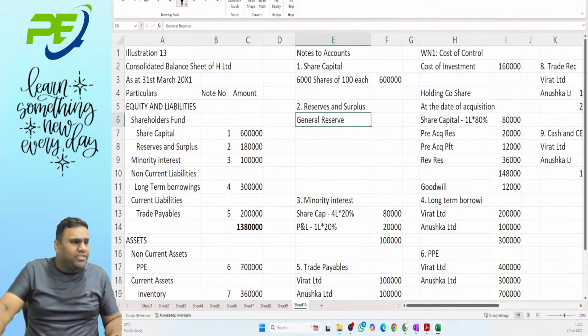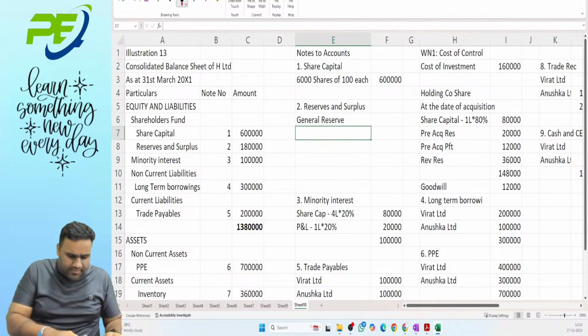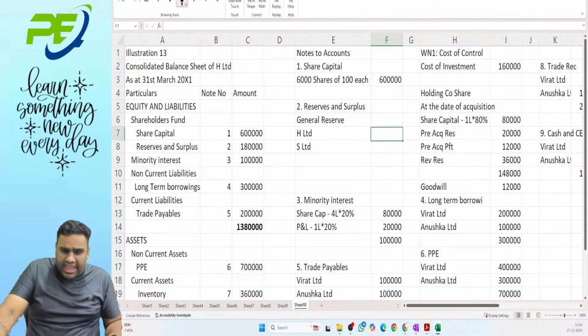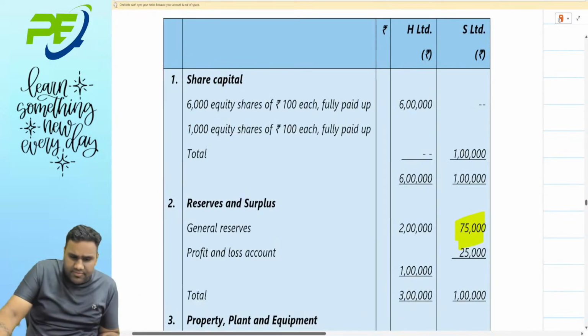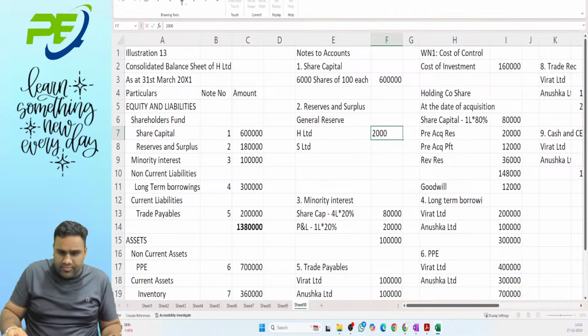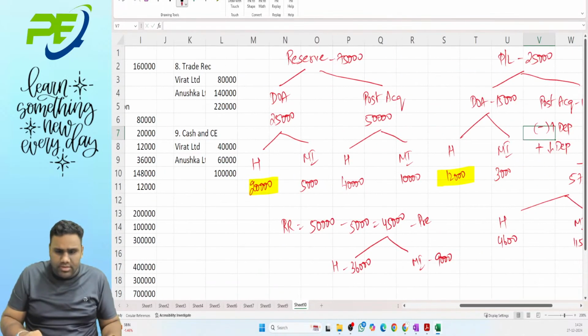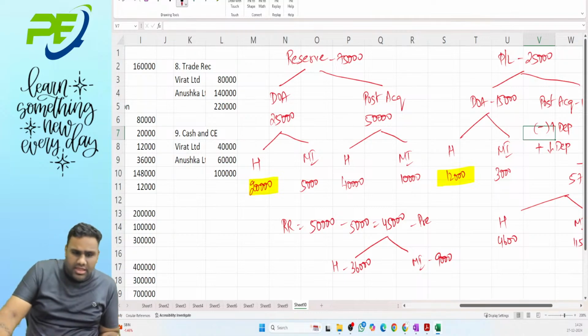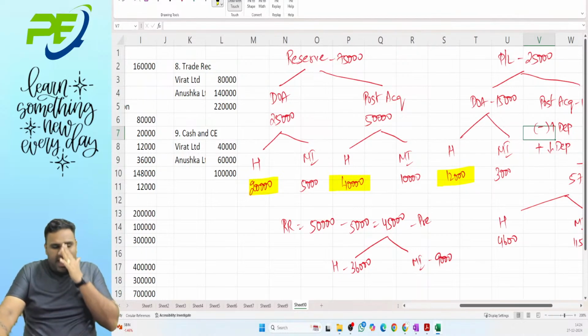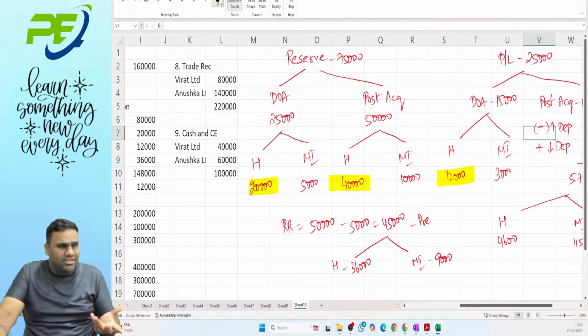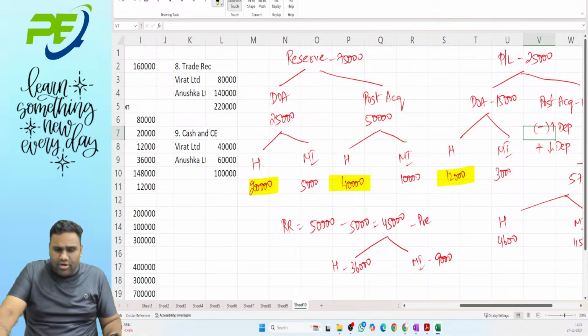So now reserves and surplus, general reserve. You guys tell me. H Limited general reserve 2 lakhs and S Limited general reserve 40,000.